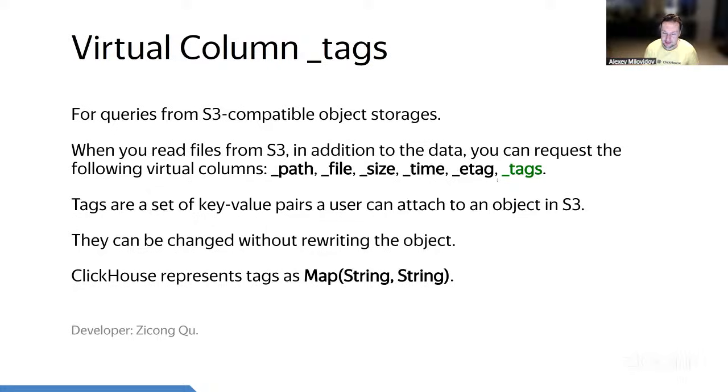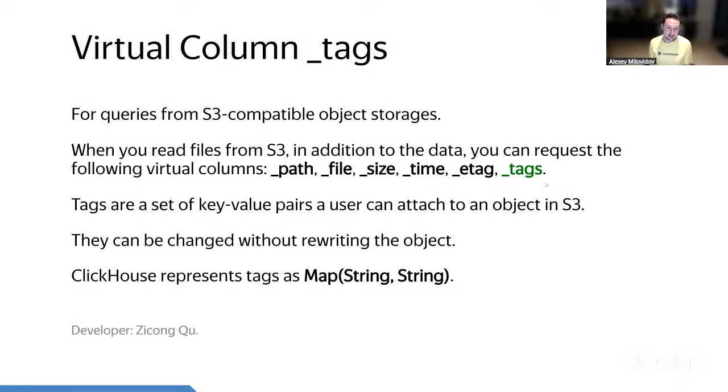And the new one is named _tags. And it is kind of special because in AWS S3, if you want to modify the file anyhow, if you want to change it just a little, if you want to append 1 byte to a file, you cannot do it efficiently. You have to basically recreate or copy it. And this is true for all of the things except tags.